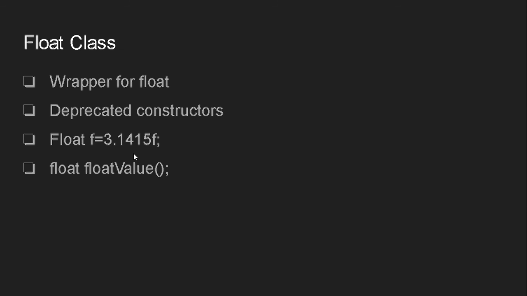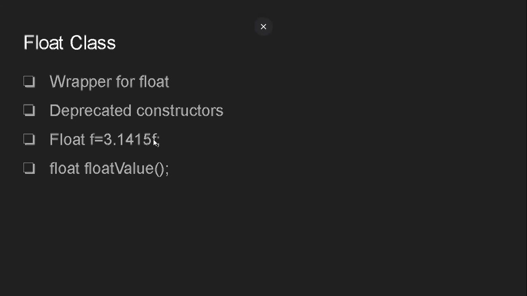Then after that, we have this Float class. This Float class, again, is a wrapper for float. F is a lowercase character. The constructors are deprecated again in much the same manner. Now, if I'm trying to store the value of pi, like 3.1415, then here you need to mandatorily append f, because f means it becomes a float value, if you remember.